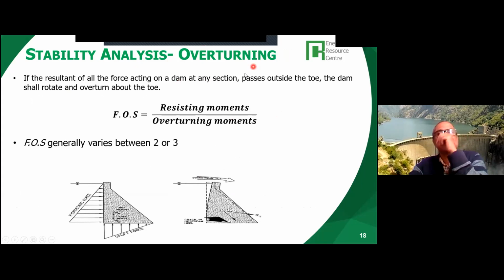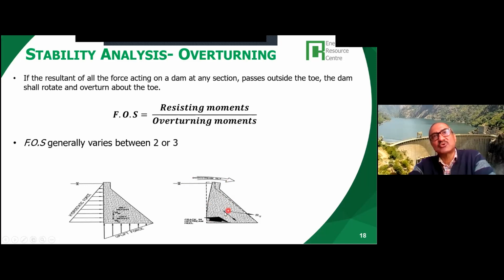One stability analysis you do is you have to find the factor of safety against overturning. Because you have hydrostatic forces here, you have the uplift forces here, you have the weight here and other forces. So you have to find what is the resisting moment and what is the overturning moment. The resisting moment is by the weight of the dam.